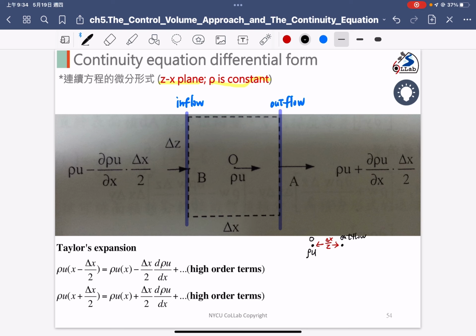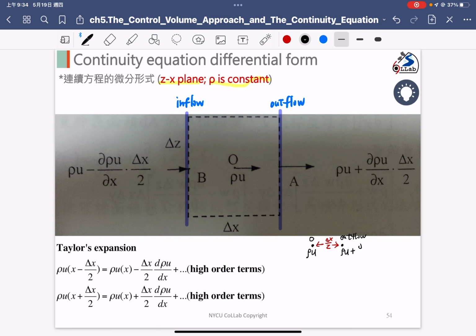The right hand side, as we know, is the outflow point. So we still have rho u, and we apply the Taylor expansion. We assume that from the left point to the right point, the change is a linear gradient.